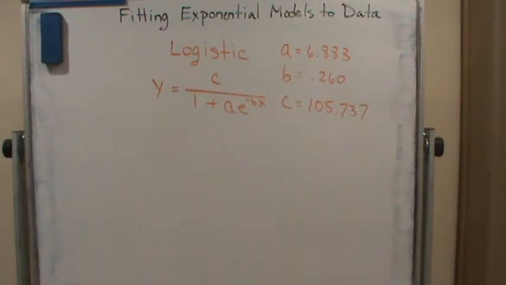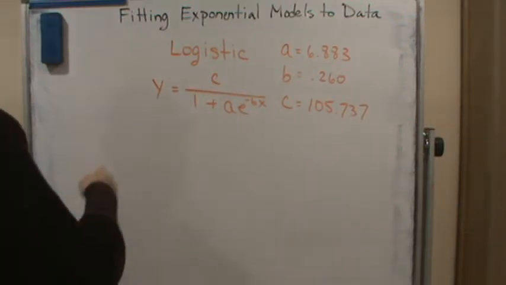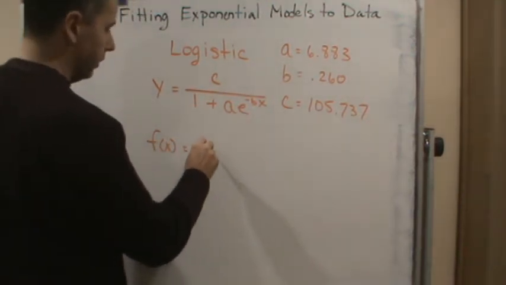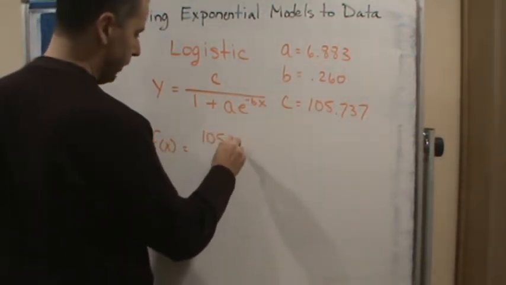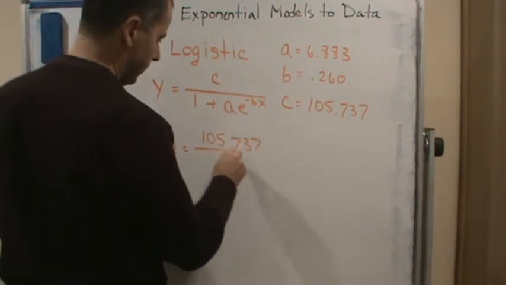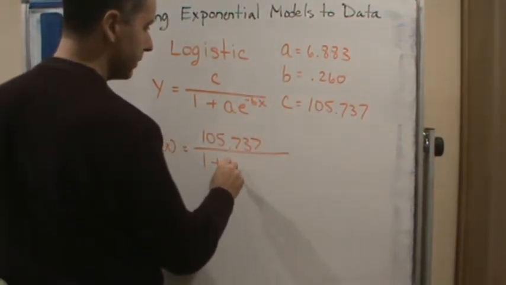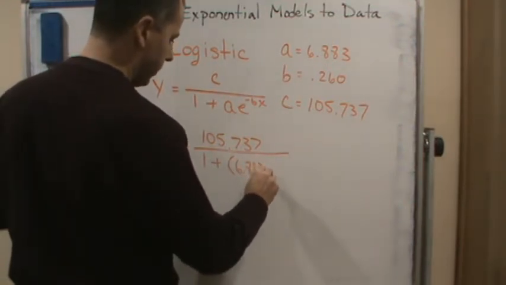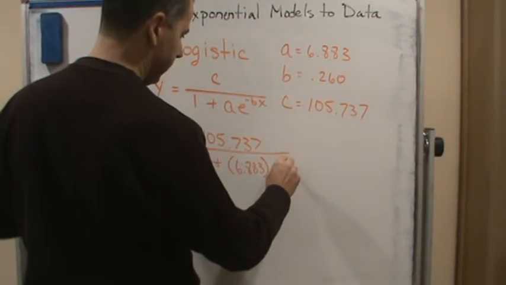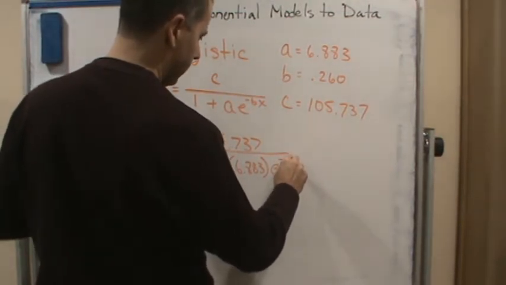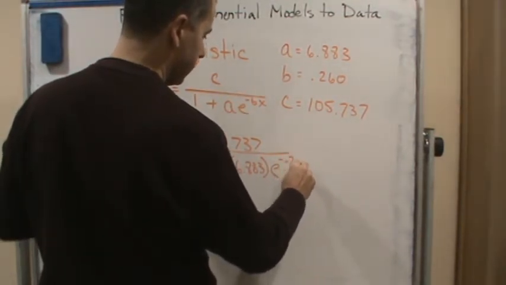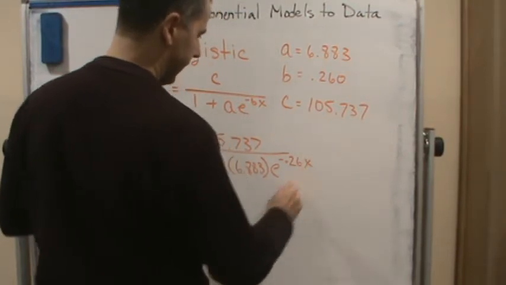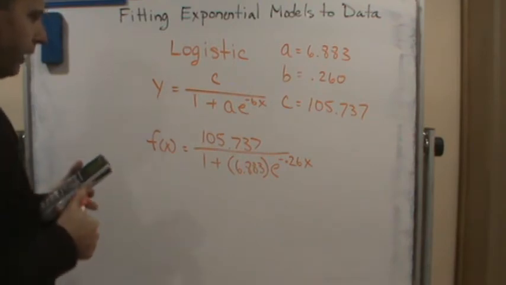So now my model is going to be f of x equals 105.737 divided by 1 plus 6.883 times e to the negative 0.26x.